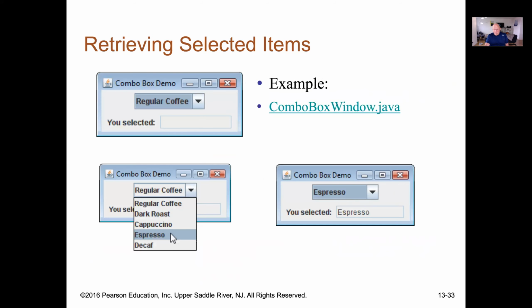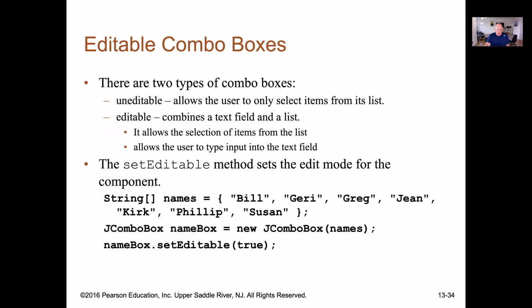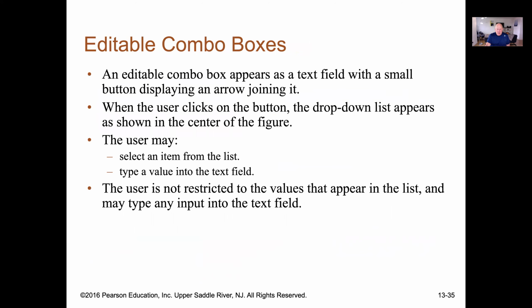There are two types of combo boxes, editable and uneditable. The setEditable method sets the edit mode for the component. An editable combo box appears as a text field with a small button displaying an arrow joining it. The user may select an item from the list and may type a value into the text field.